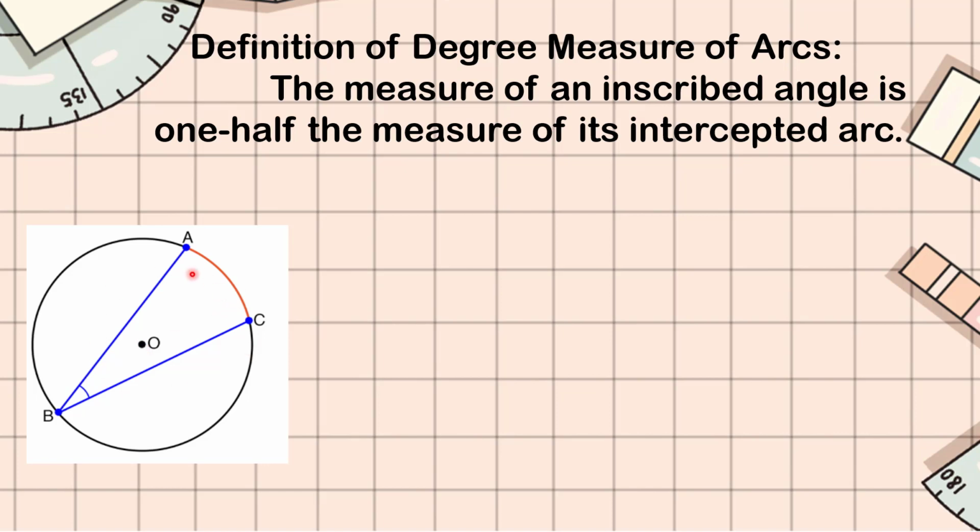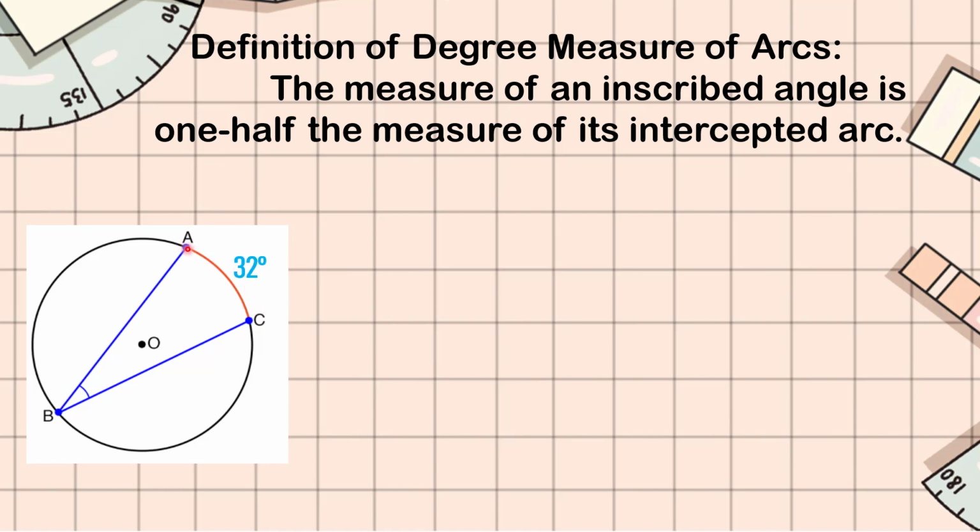So from our figure here, angle ABC is an inscribed angle, and its intercepted arc is arc AC. From the definition of degree measure of arcs, this inscribed angle is 1/2 of the intercepted arc.